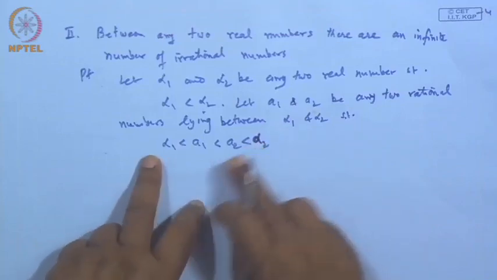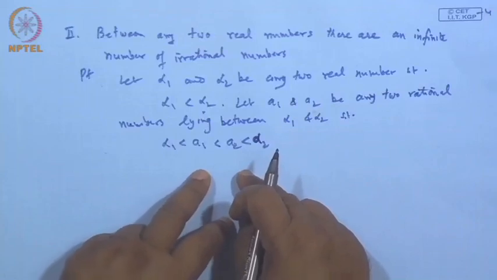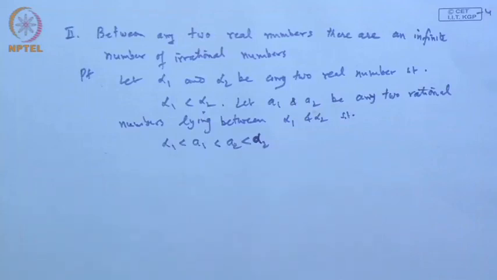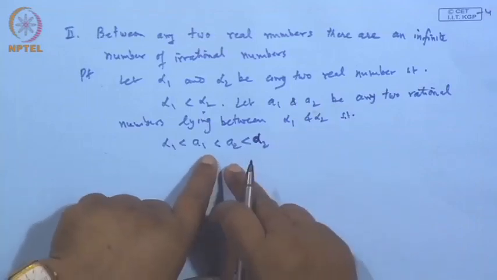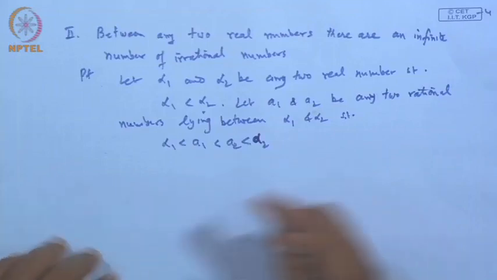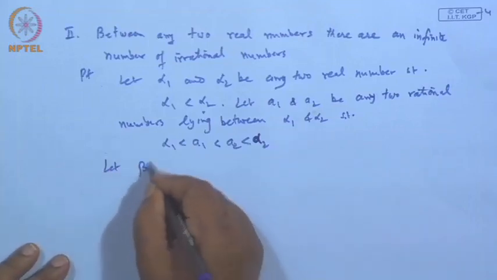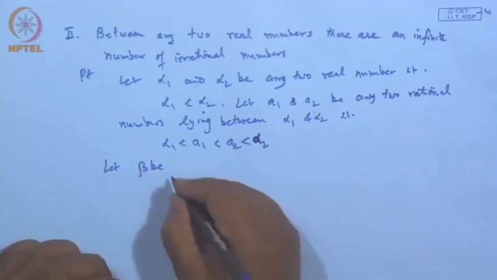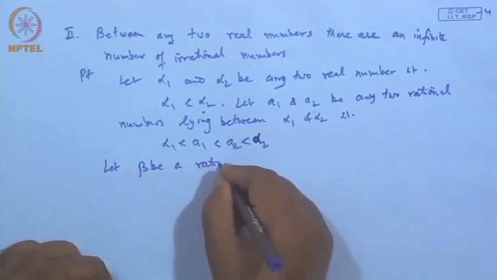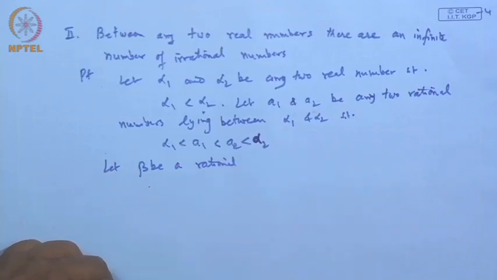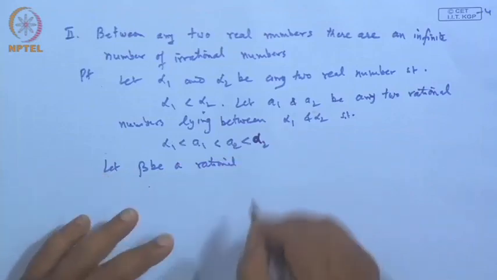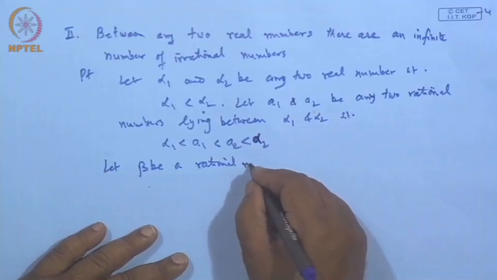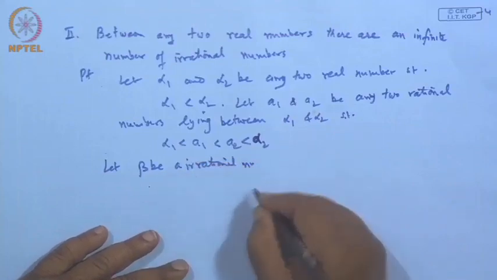Because alpha 1 and alpha 2 are real, in between we can introduce rational numbers. Now, what we want to show is that irrational numbers lie in between as well. So let beta be an irrational number.